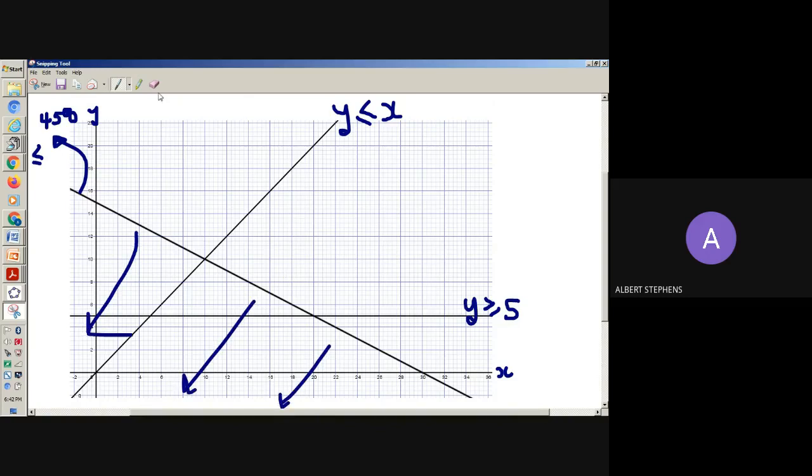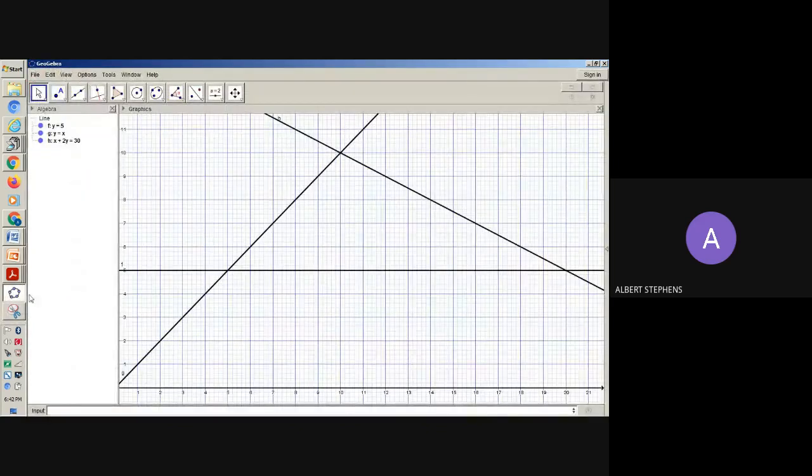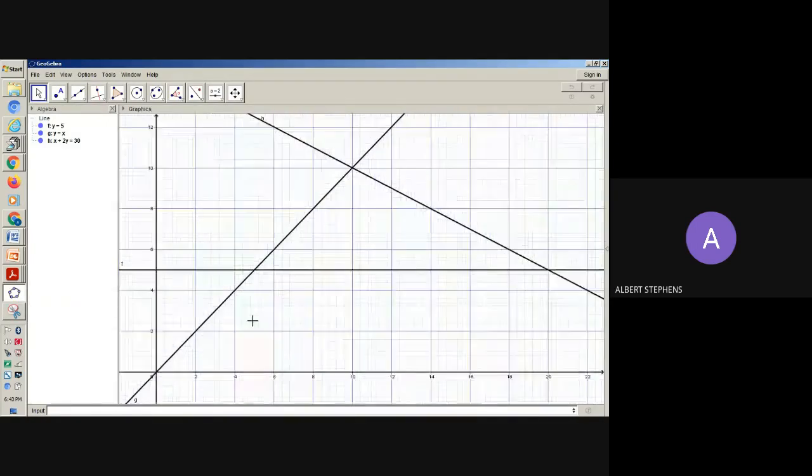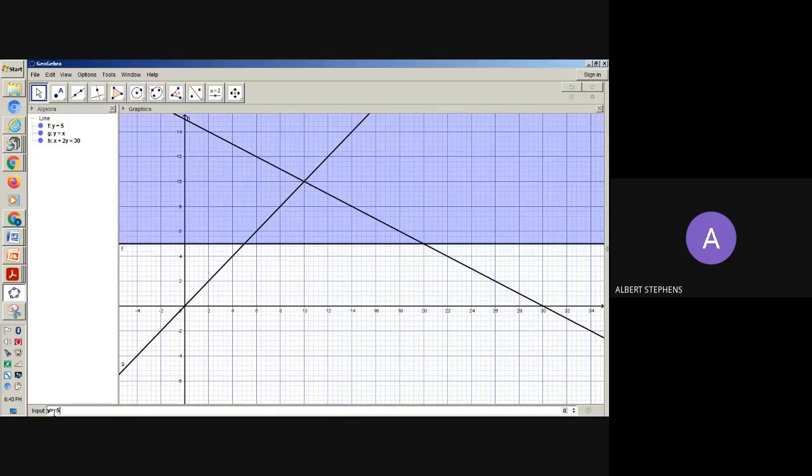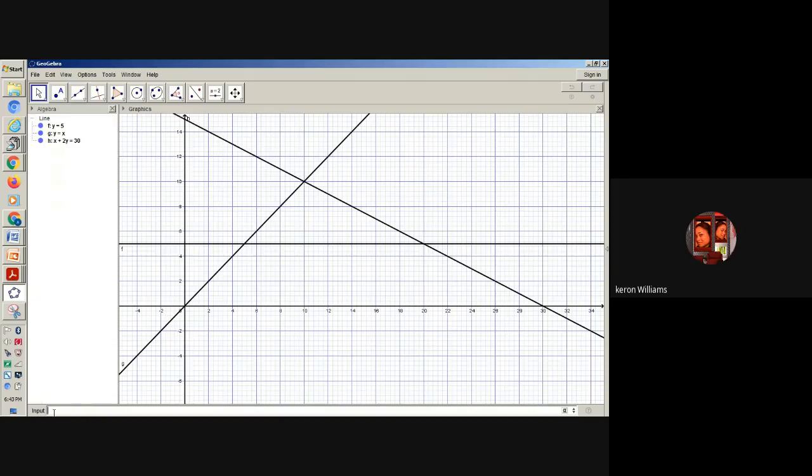All right. Let me see if this computer can do it. So we have y greater than or equal to 5. All right. Good. Y greater than or equal to 5.